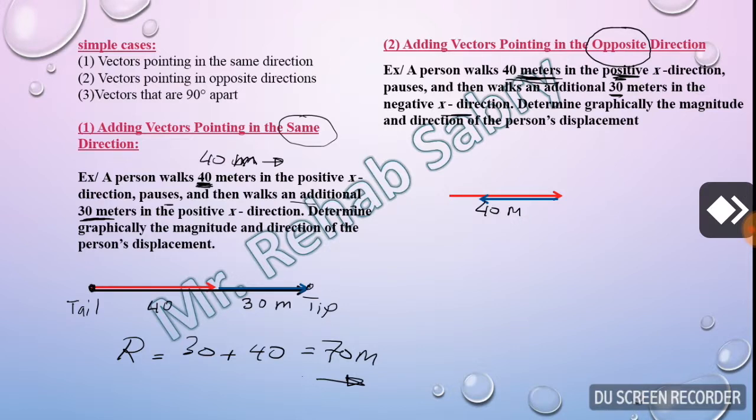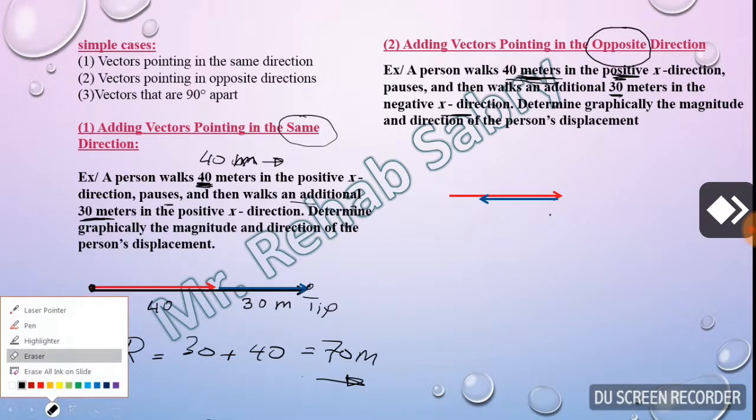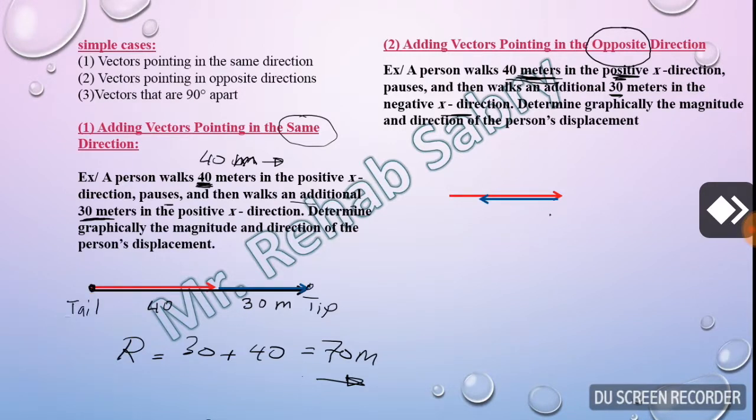You have to observe that this is 40 meters in the positive direction, and this is 30 meters, so it's negative. We make the tip of this one to the tail of the second one.